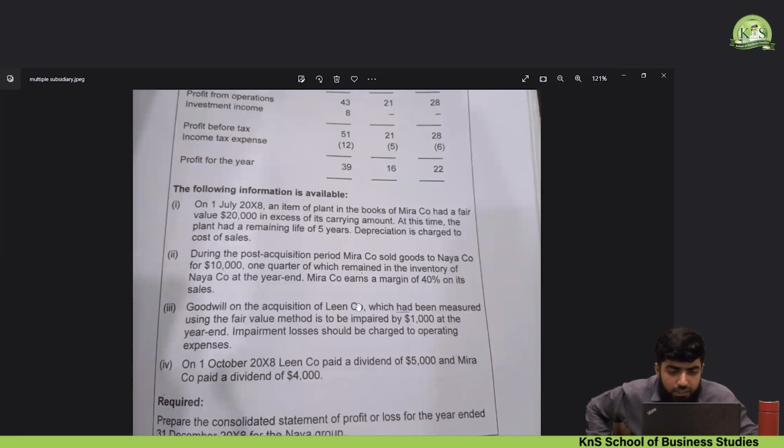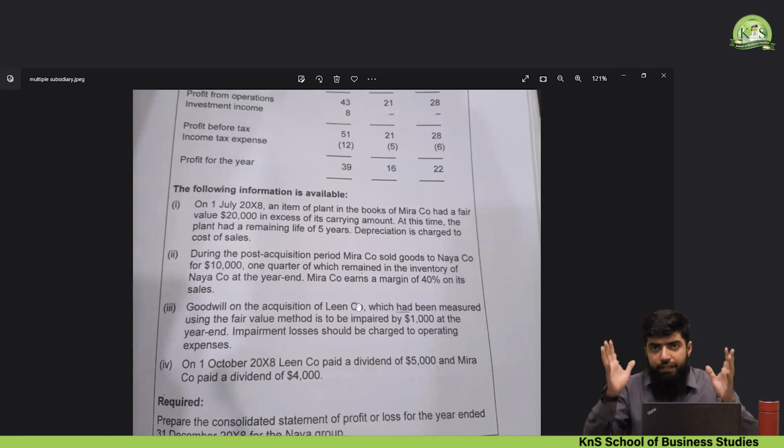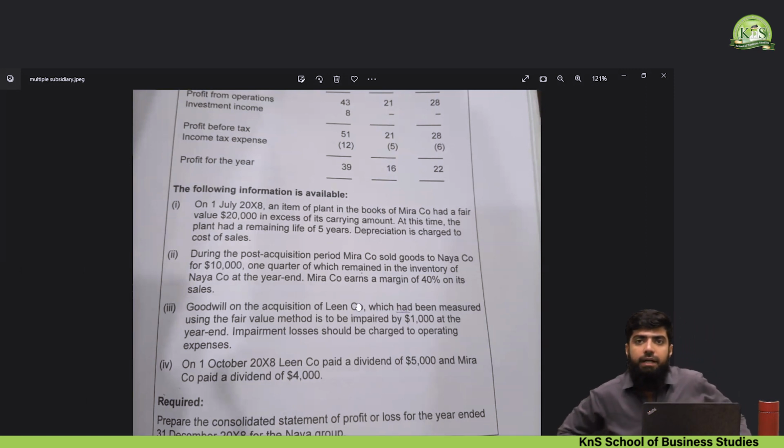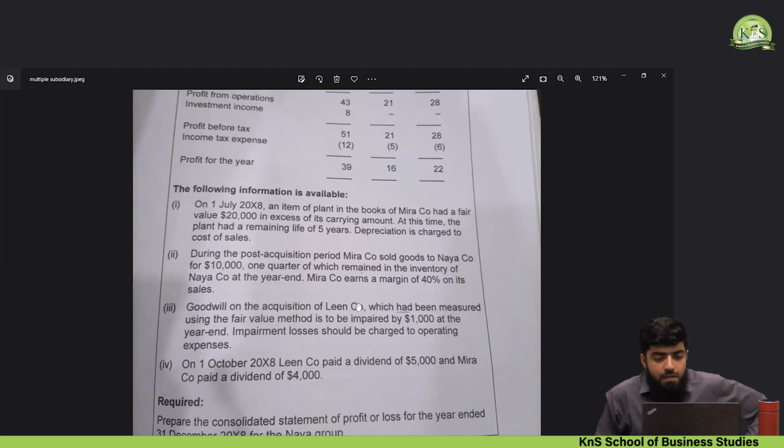First thing is the fair value adjustment, and I will definitely recall many areas of consolidation in this video, so that you have a quick recap of each and every part of consolidation. Fair value adjustment, that is the revaluation surplus. Basically, the major treatment of this adjustment arises on the balance sheet side.